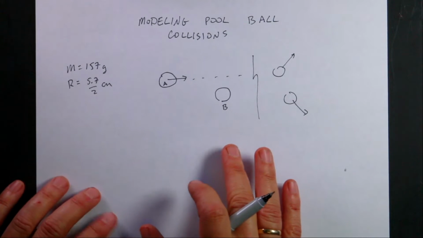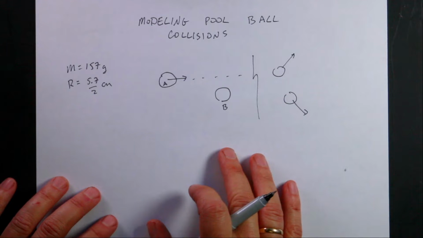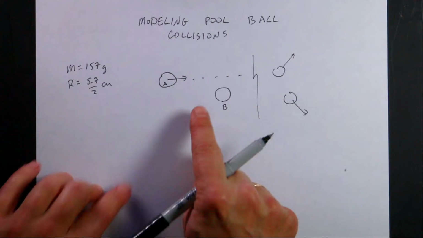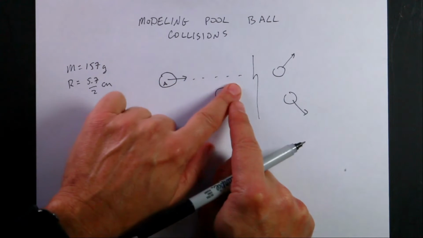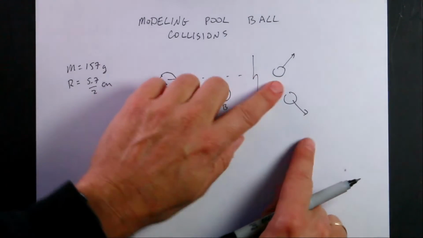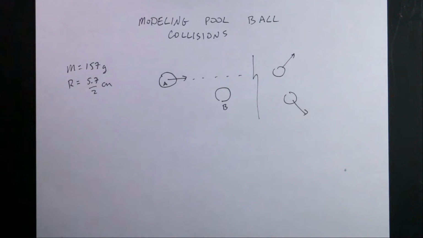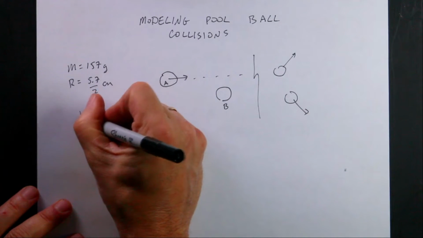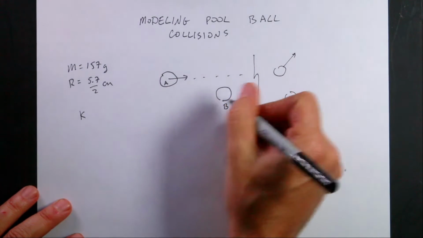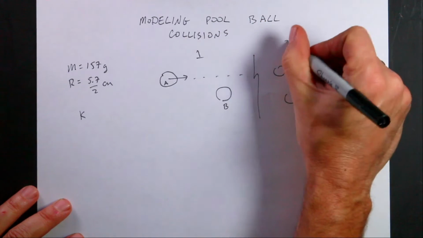You can imagine how complicated it can be to model balls that collide, because if they don't hit straight on, then it's hard to know what angles these two things go at. If I assume it's an elastic collision, then we'll call this ball A and ball B, and this is 1 beforehand, this is 2 afterwards.